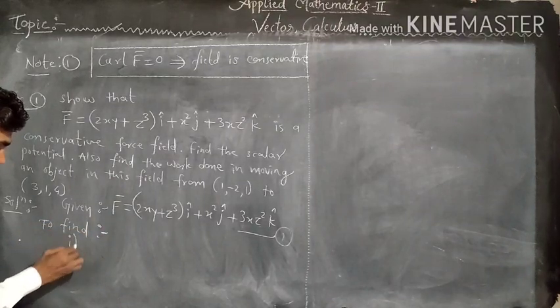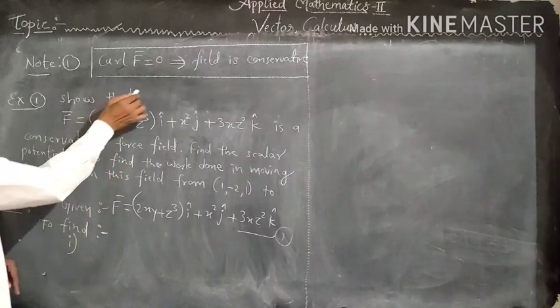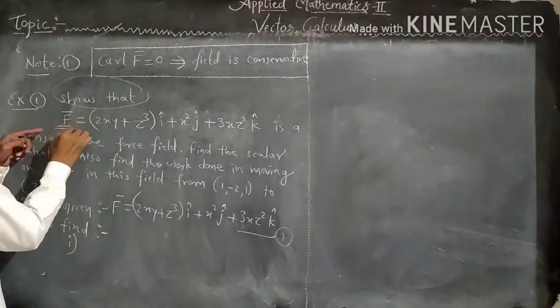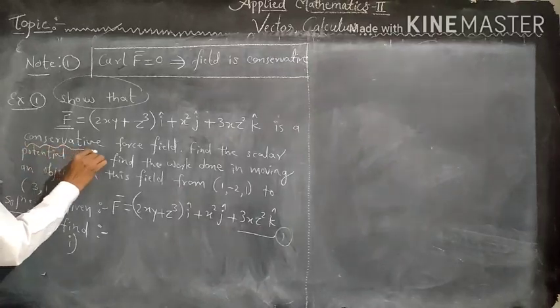First of all, we have to show that the given vector field f is conservative.